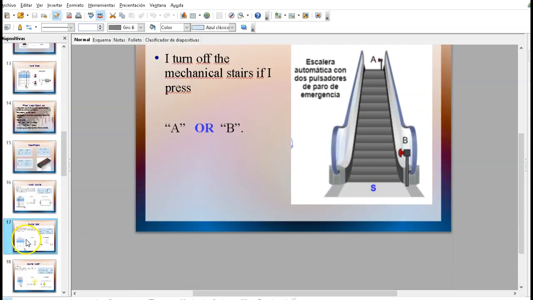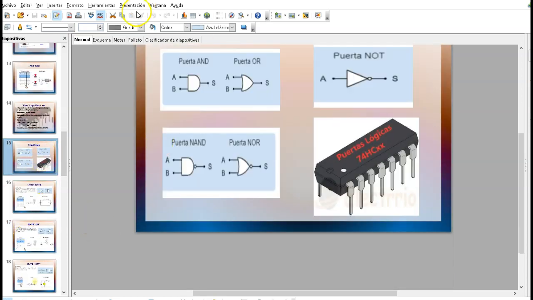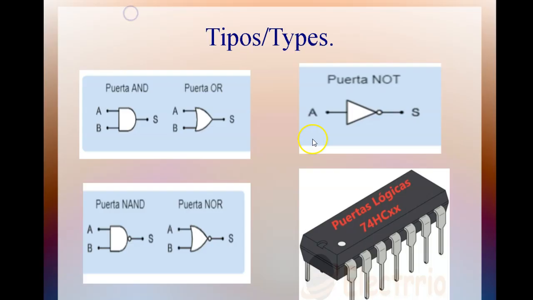With this external shape, we have different logic gates. These are symbols, and this is a photograph, a graphical image. With the same external shape, we may have an AND gate or an OR gate.